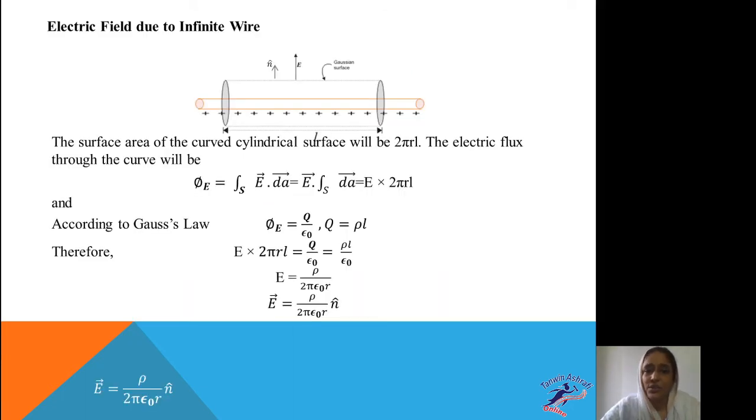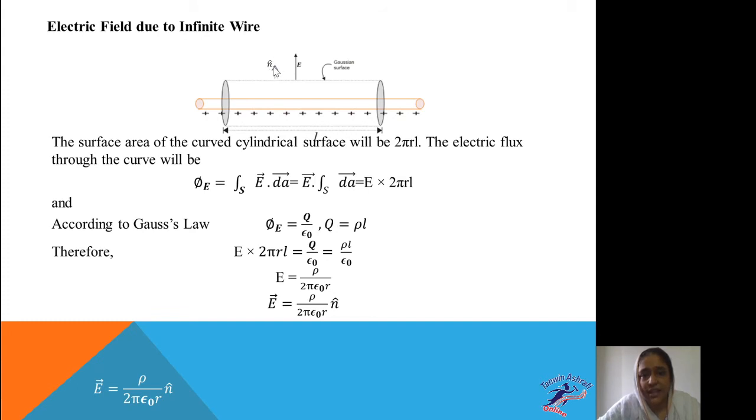Electric field due to an infinite wire. Now, in this problem, if we take an infinite wire having a positive charge, consider a Gaussian surface over this infinite wire. The Gaussian surface has a circumference 2 pi r and a length L. Now the electric flux due to this Gaussian surface is coming out of the surface.